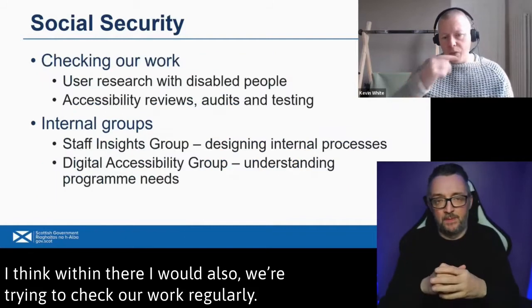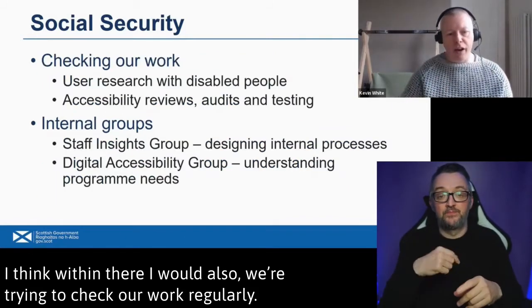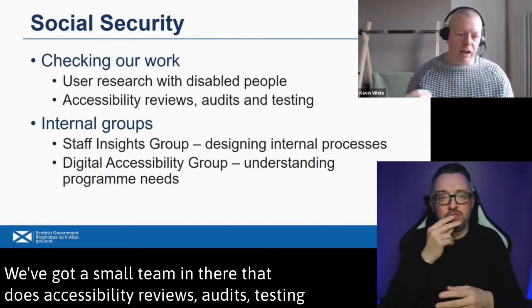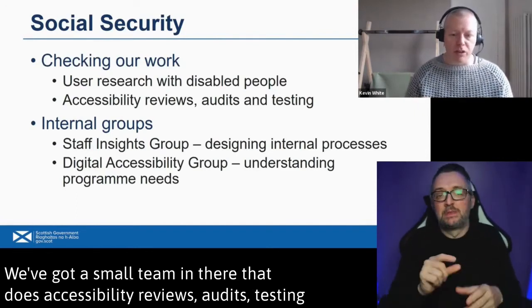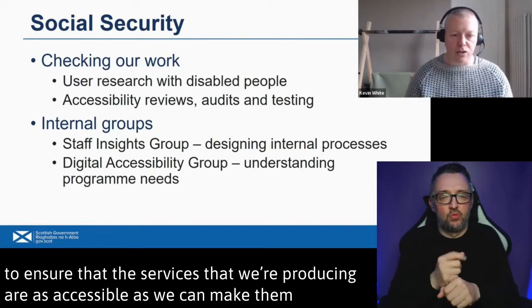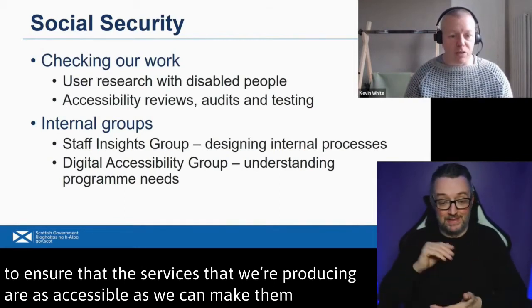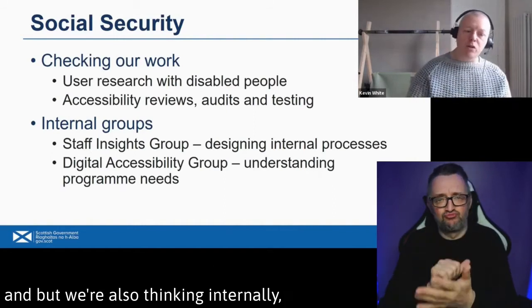I think within there, we're trying to check our work regularly, so doing a lot of user research with disabled people. There's a small team in there that does accessibility reviews, audits and testing to ensure that the services we're producing are as accessible as we can make them. But we're also thinking internally.